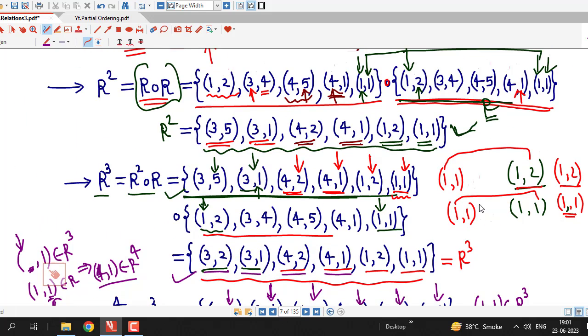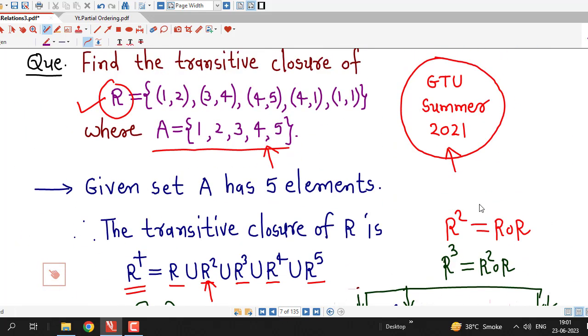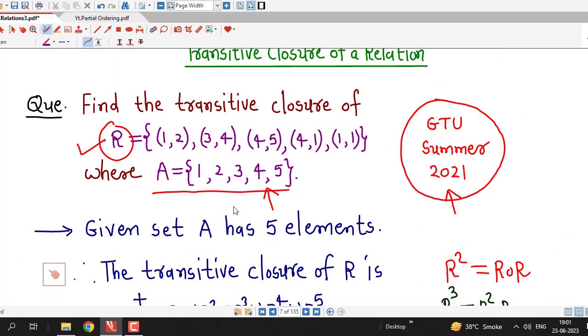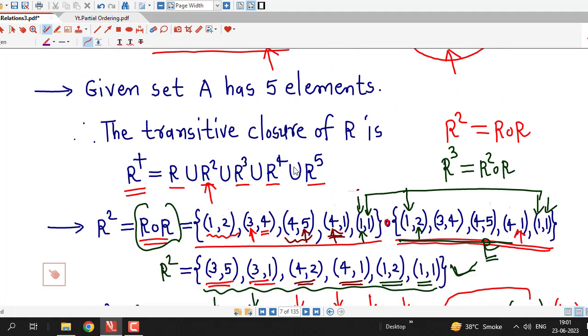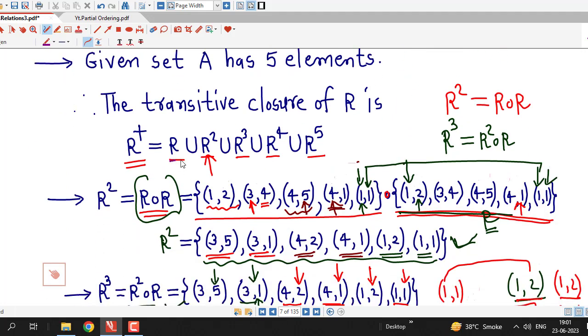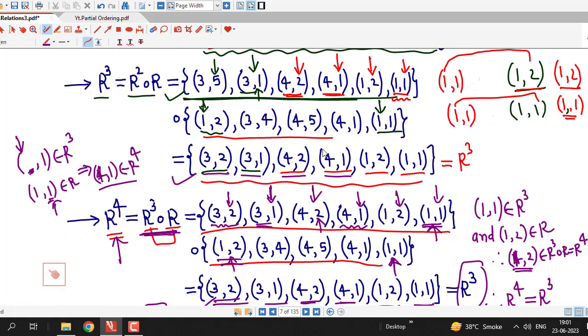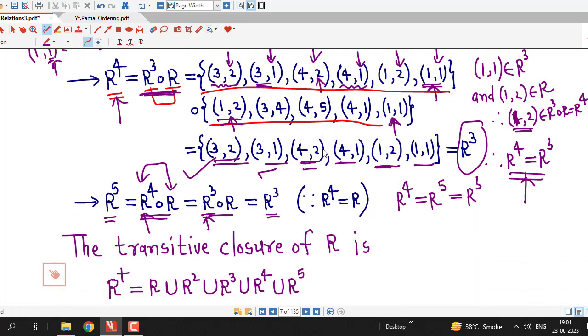So we have obtained the required powers of this relation R. Here I have 5 elements, so I have to obtain up to the fifth power of R. Here I have written, I have to find the union of all these: R, R2, R3, R4 and R5, and we have obtained powers of R up to 5.